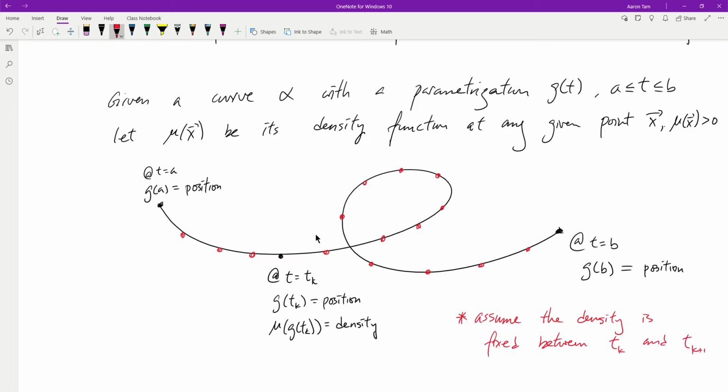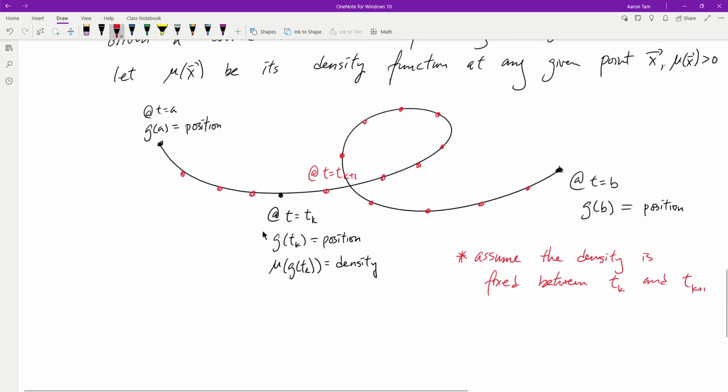So basically it will be this point and this point. Let's assume the density is the same. If that's the case, I can now calculate the mass at this particular part.